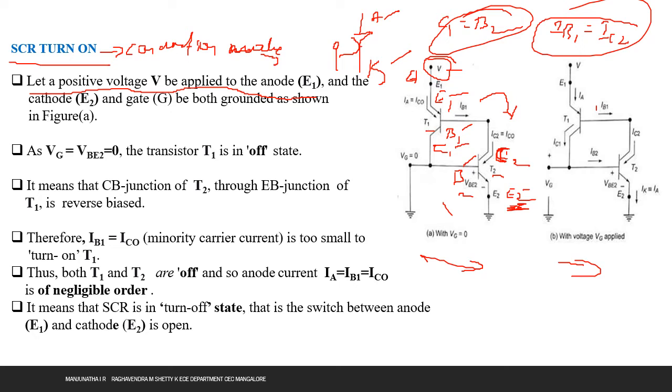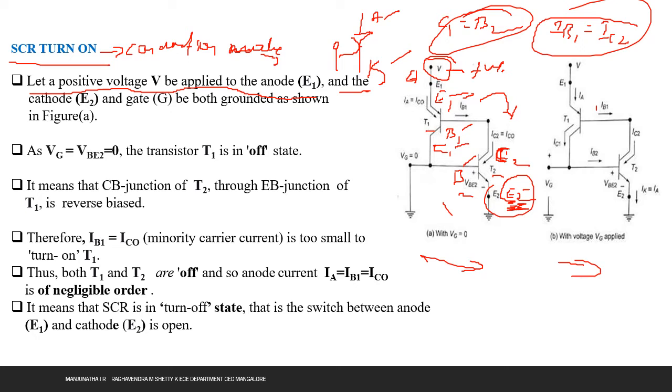Now, let a positive voltage V be applied to E1. Where is E1? Yes, E1 is here. So V is a positive voltage. And the cathode E2, where is E2? Yes, E2 is here.